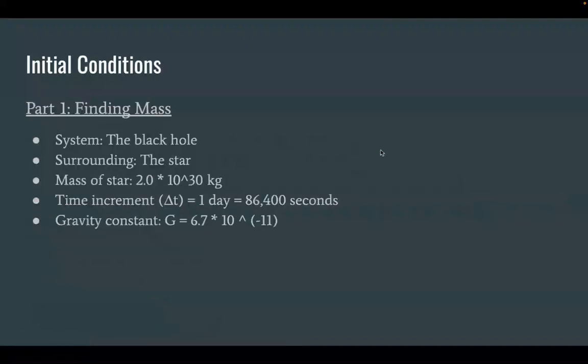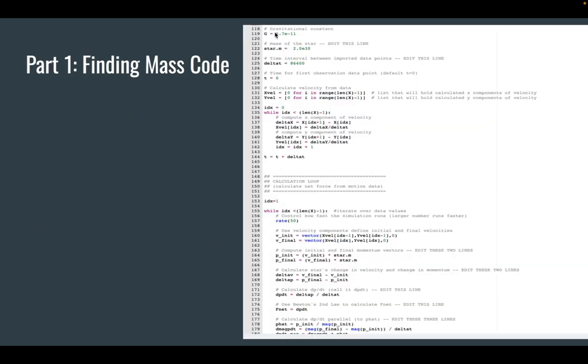For the initial conditions, the system is a black hole, the surrounding is a star, and the mass of the star is what's specified in the problem. The time increment we saw is 1 day, which translates to 86,400 seconds, and we're using the gravity constant as well. In the code, we have the gravity constant, the star mass, and the delta t.